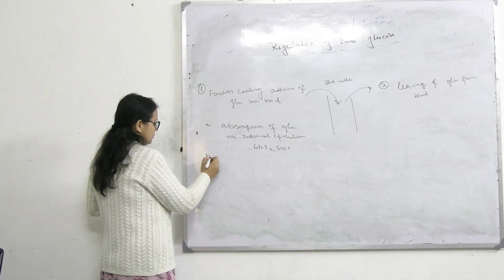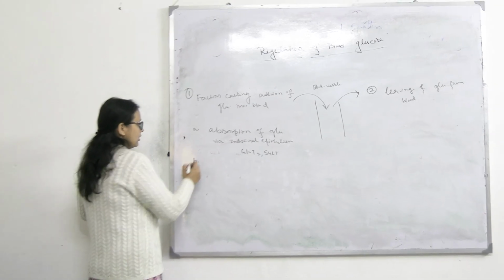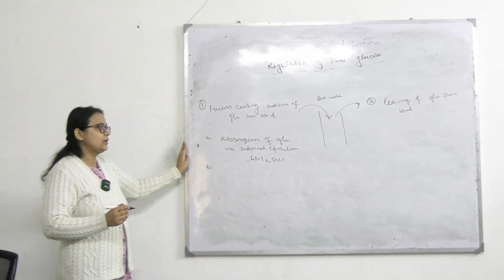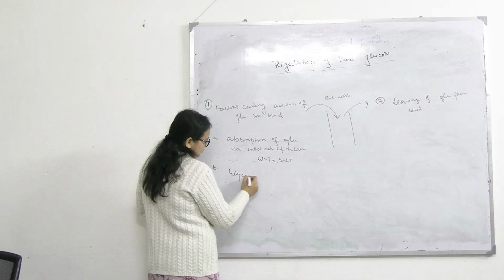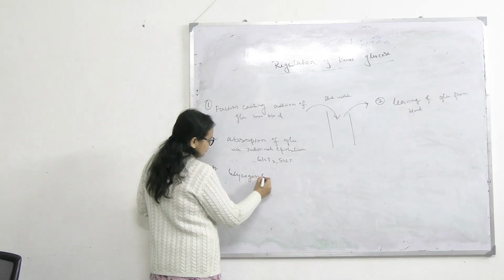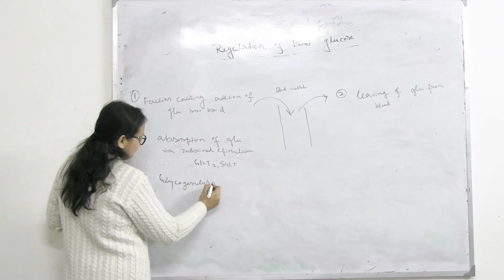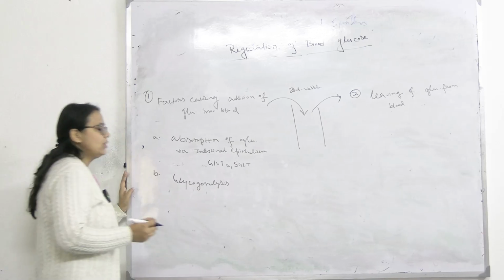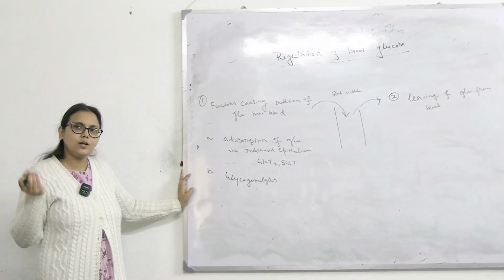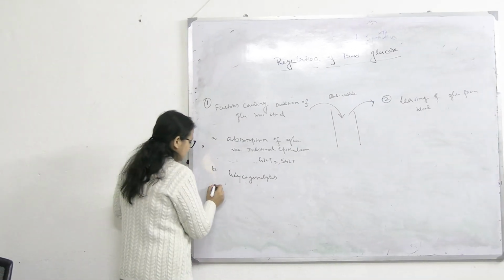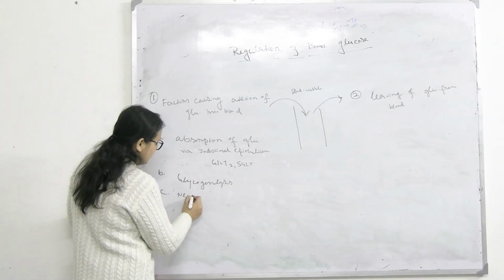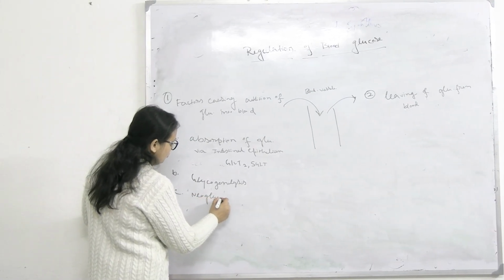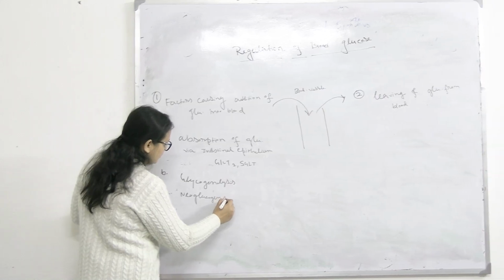Second point, glycogenolysis, breakdown of glycogen. Breakdown of glycogen will give rise to glucose molecules and they will come into the blood. Then third, gluconeogenesis or neoglucogenesis.